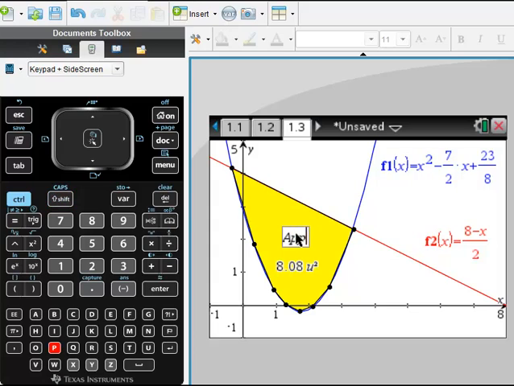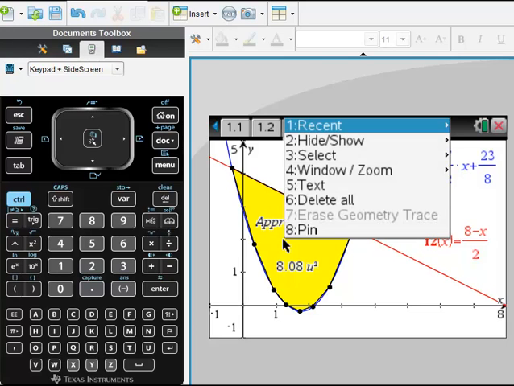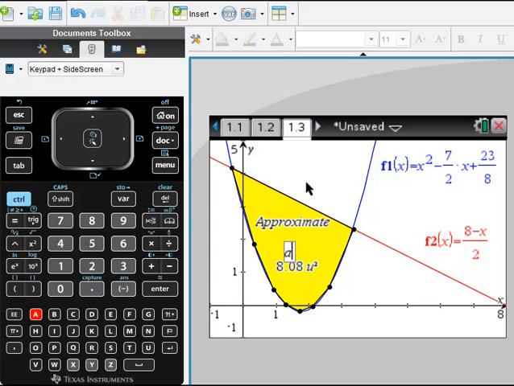So, approximate area is, and we have that 8.08 square units.